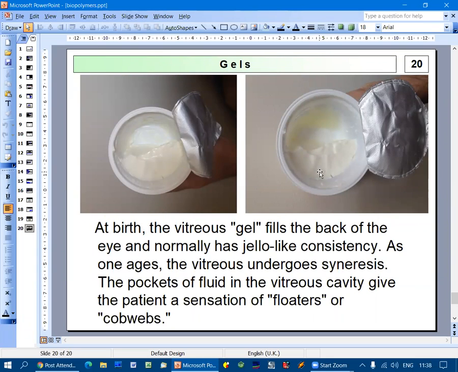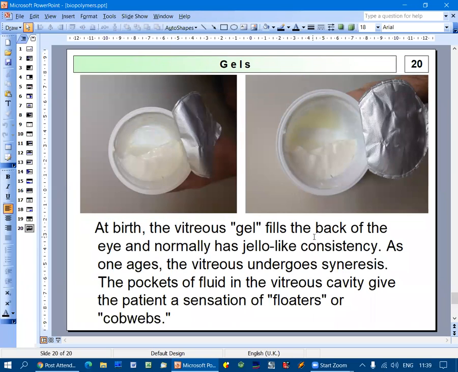Syneresis occurs in the aging process of the body. It is established that with age, a gradual change in spatial structure, tertiary structure, and a decrease in the hydration of protein molecules occur. And as a result, the tissues become more rigid and less elastic.